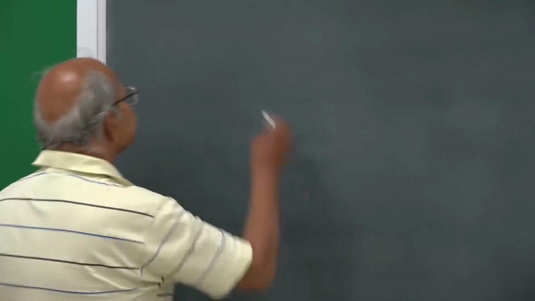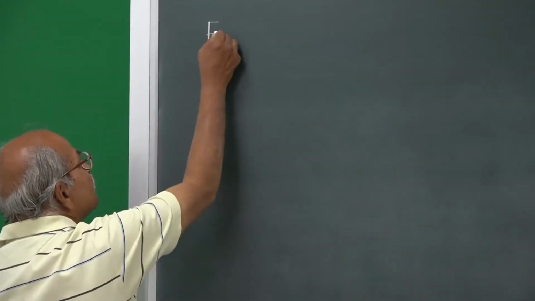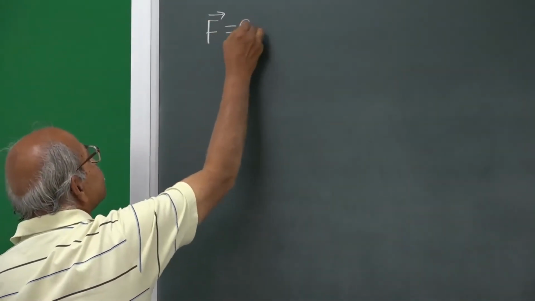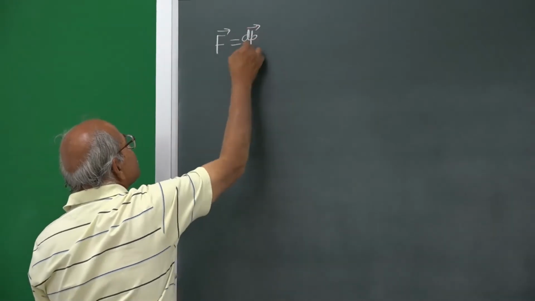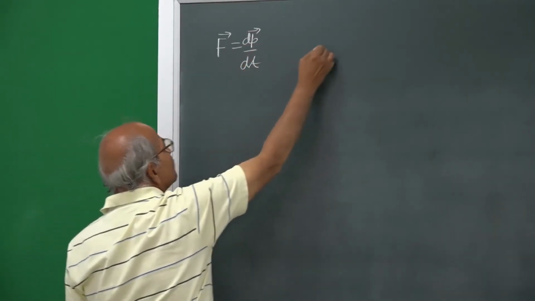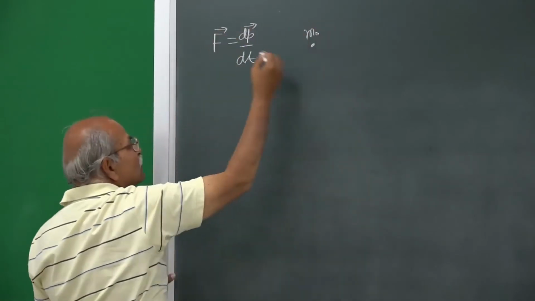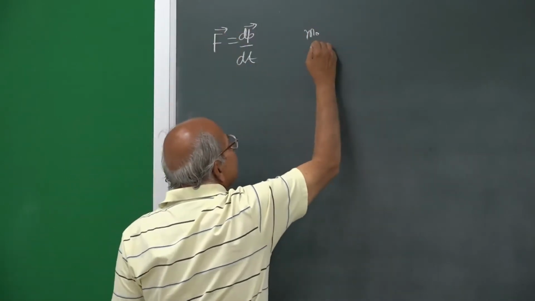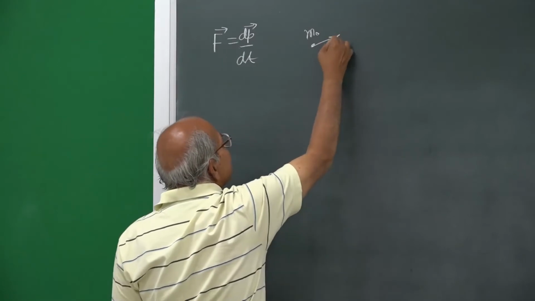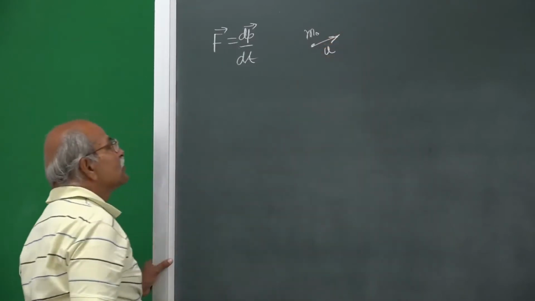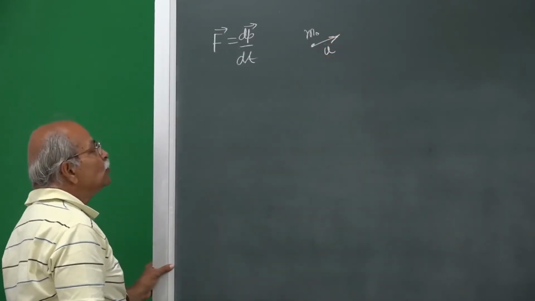So, I will again depend on F is equal to dP/dt. I am still thinking of a particle, its rest mass will be some m naught, and at time t it will have some velocity, which you can have u as the symbol for.